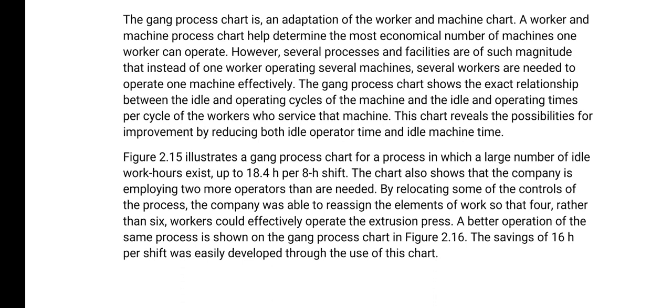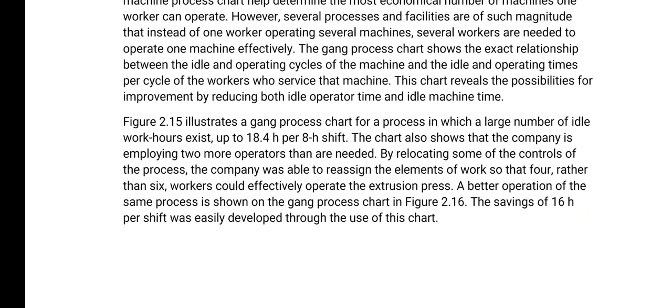The chart also shows that the company is employing two more operators than are needed. By relocating some of the control of the process, the company was able to reassign the elements of the work so that 4 rather than 6 workers could effectively operate the extract press.